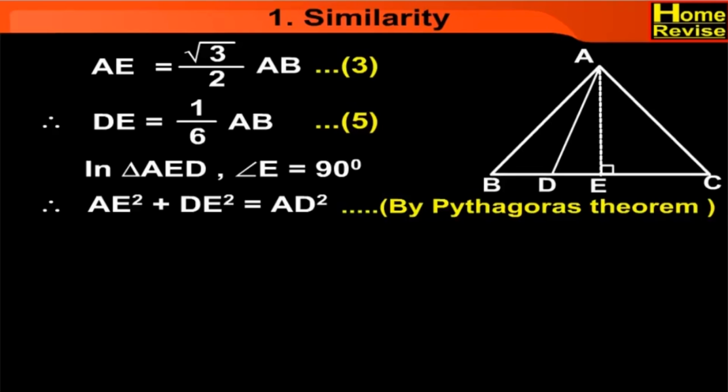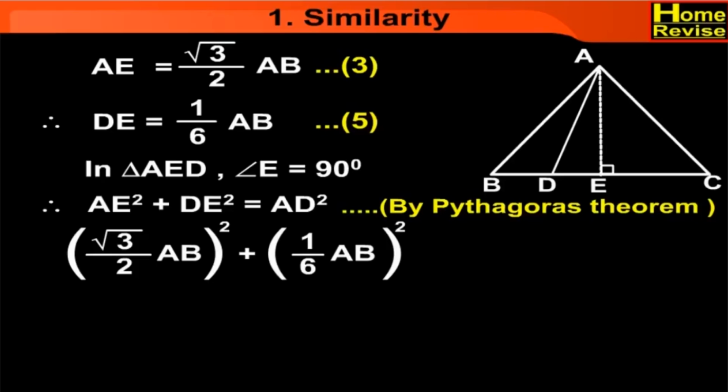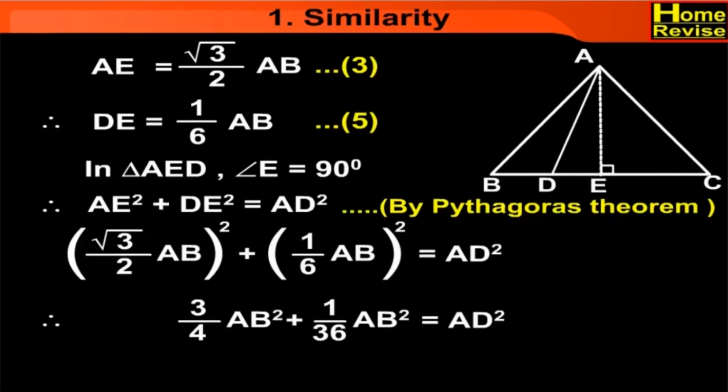Substituting the values of AE and DE, we get (√3/2 of AB) whole square plus (1/6 of AB) whole square is equal to AD square. Therefore, 3/4 AB square plus 1/36 AB square is equal to AD square.